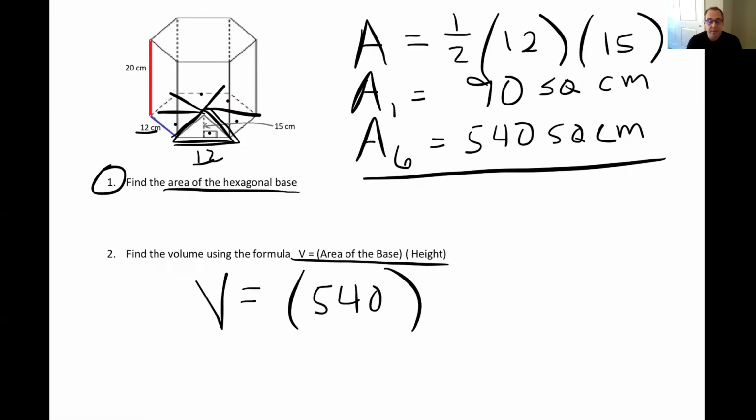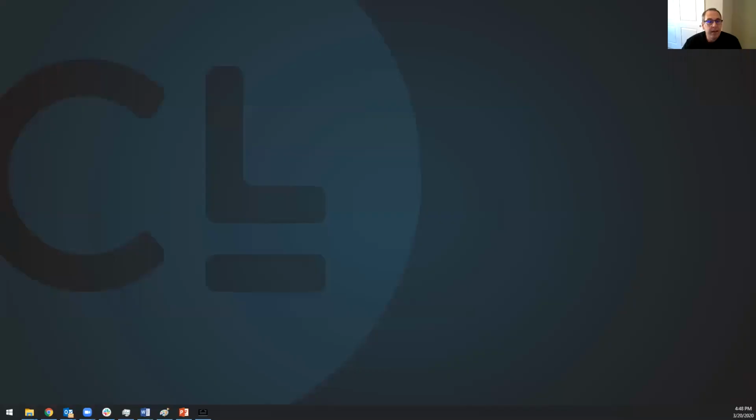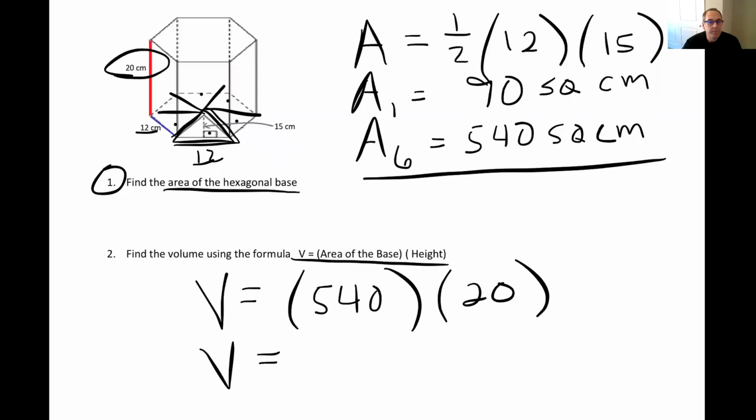And the height of this hexagonal prism is 20 centimeters. It's the red line going from the bottom base to the top base. So that's it. That's all we need to do for the volume. Now, I am going to use my calculator real fast to grab that.